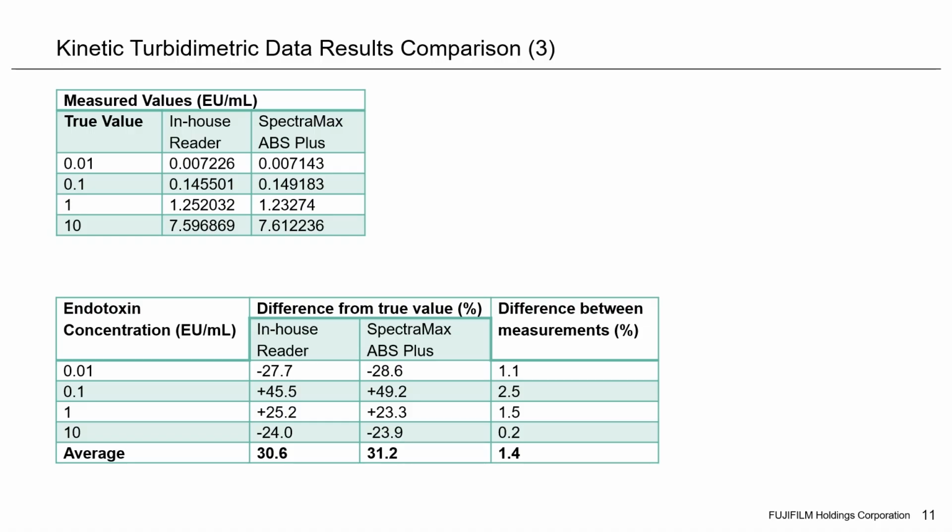You can see virtually no difference between those. Of course, there's variability as we will have in a physical world, but what we're seeing is basically exactly the same values. So what that's telling us is the readers are even picking up on the nuances of the endotoxin assay itself and are providing for us virtually identical results.